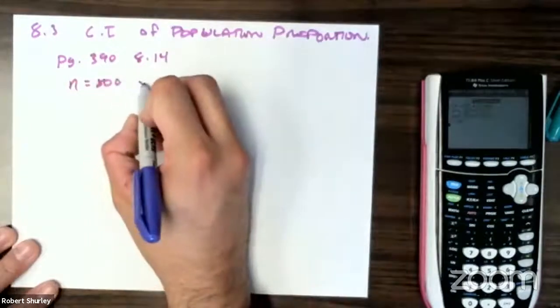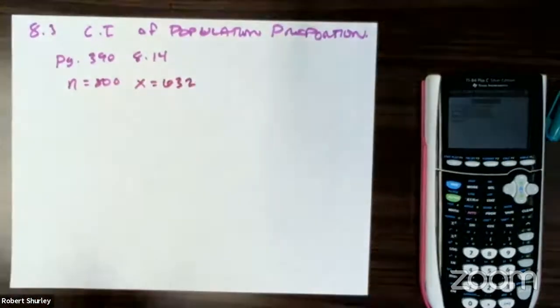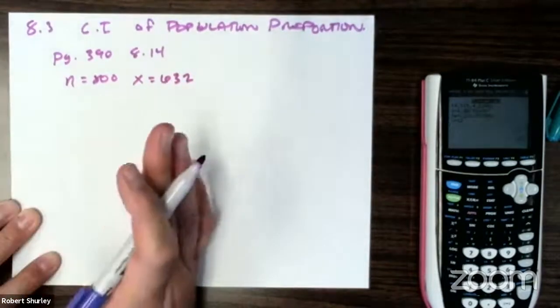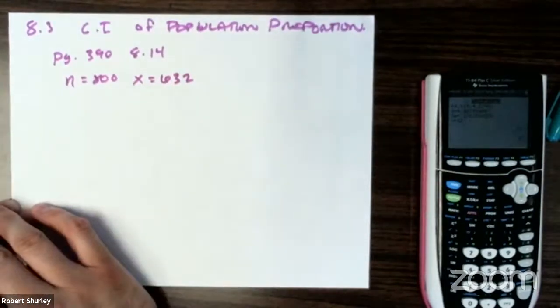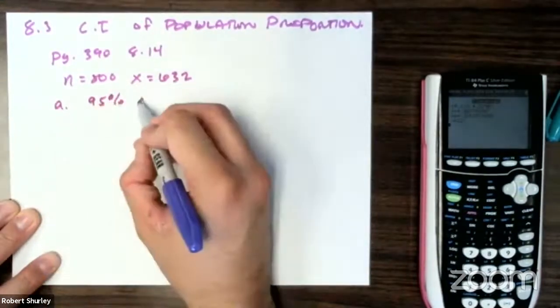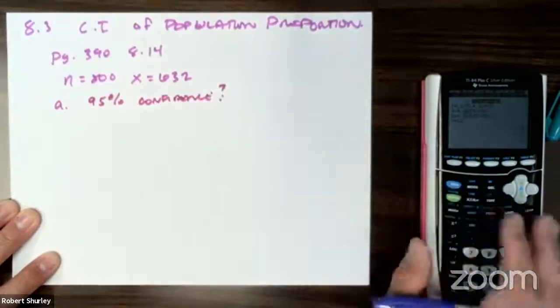What's different is we're going to call this X, not the mean, because your calculator calls it X, okay? For part A, construct a 95% confidence interval for the proportion of parents who believe that music education has a positive effect.